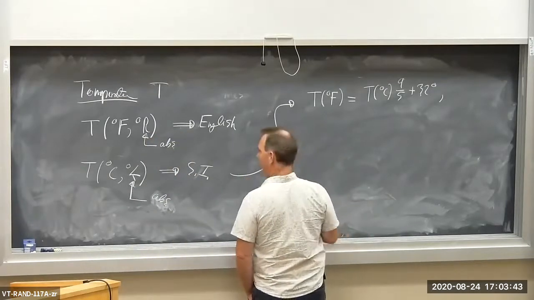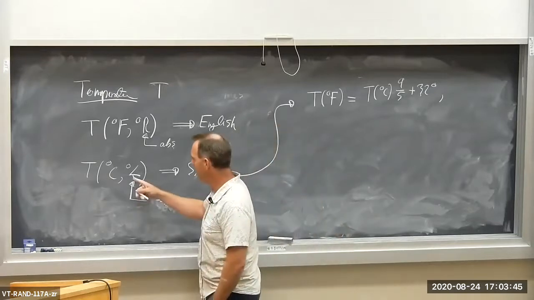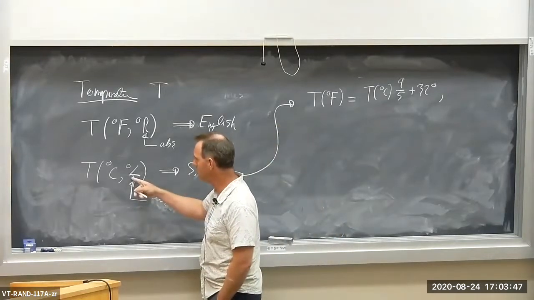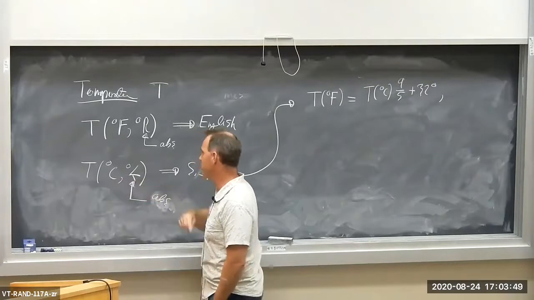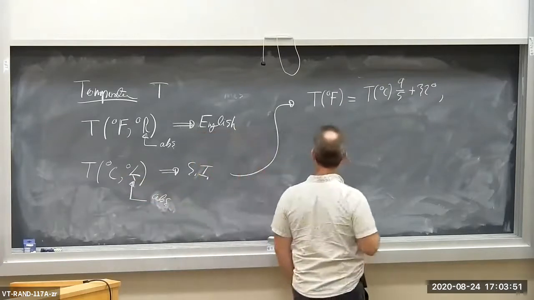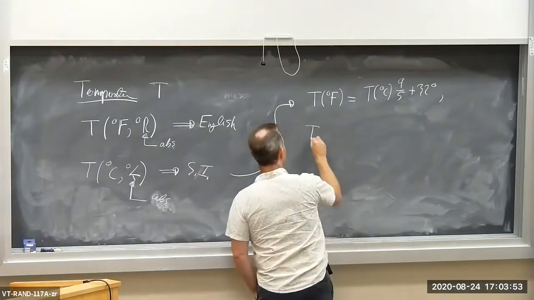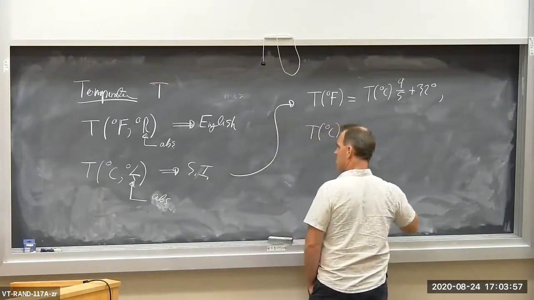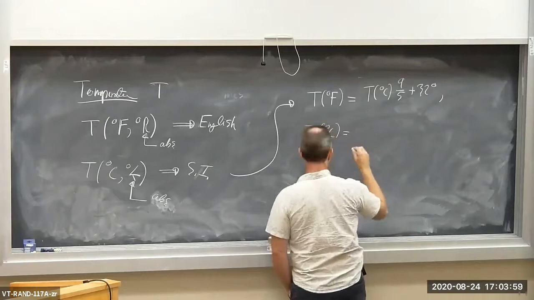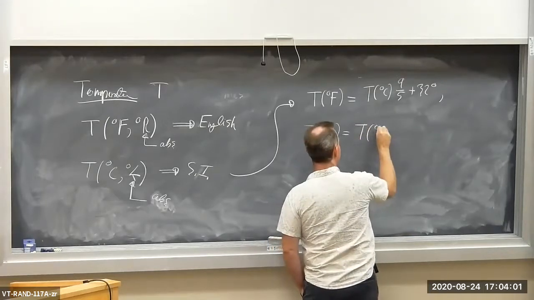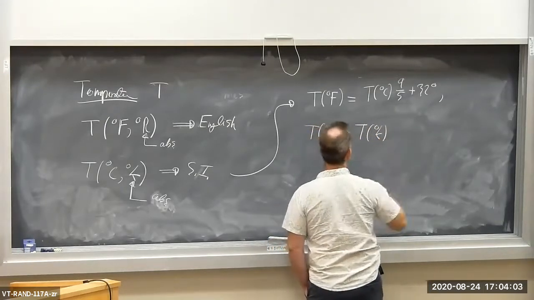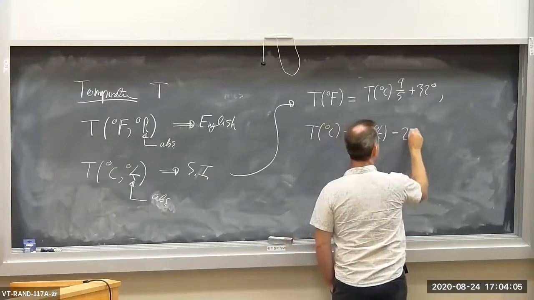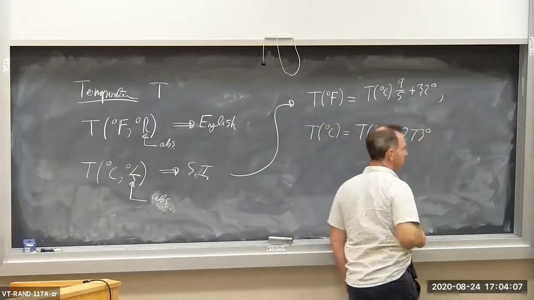So let's see here, how do we get from centigrade to the absolute? So temperature in degrees centigrade is equal to temperature in degrees Kelvin minus 273 degrees.